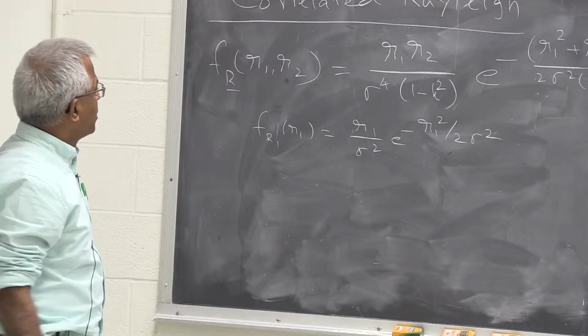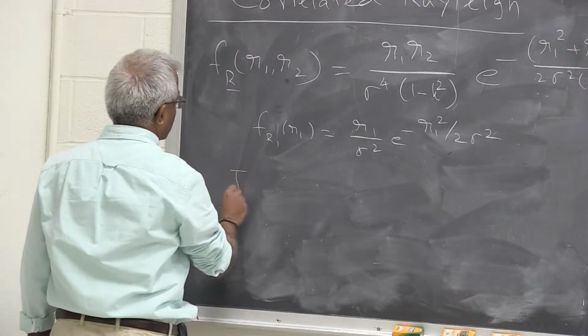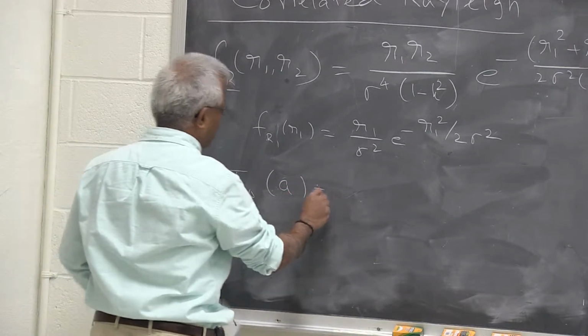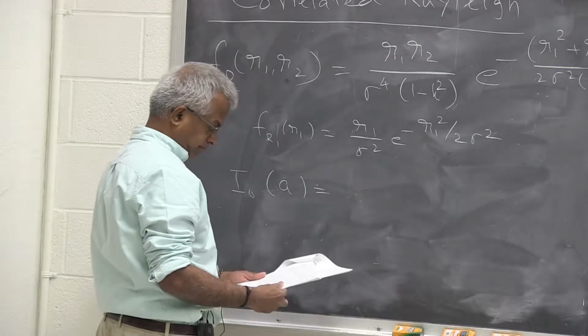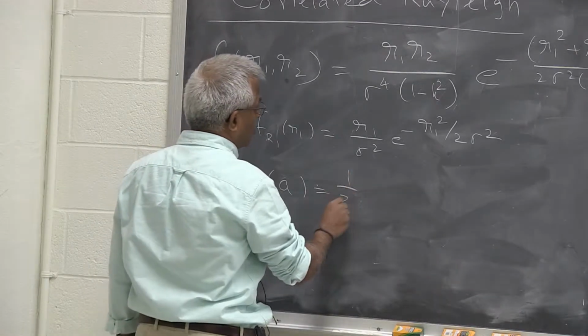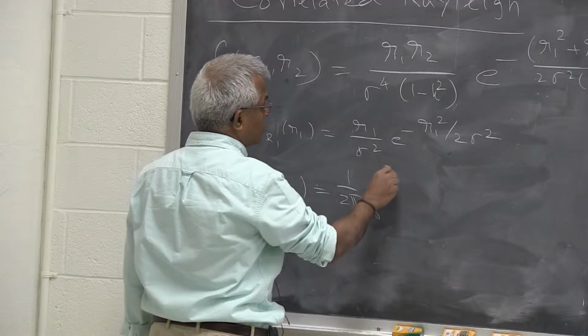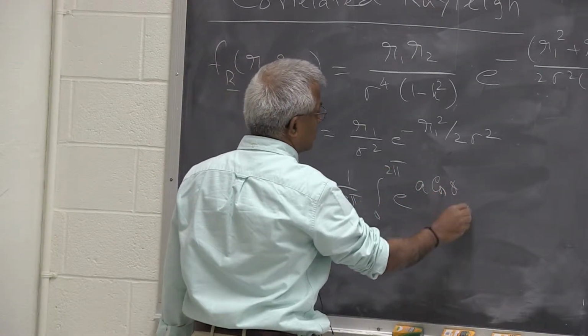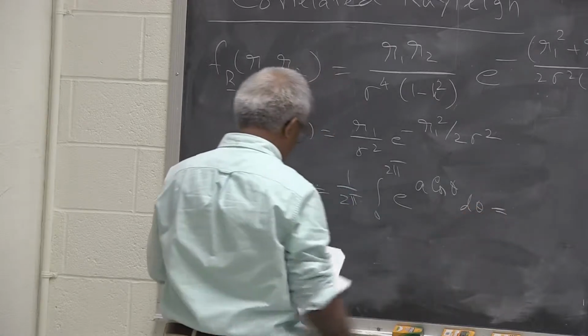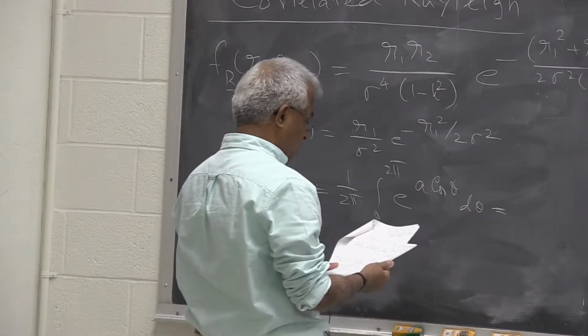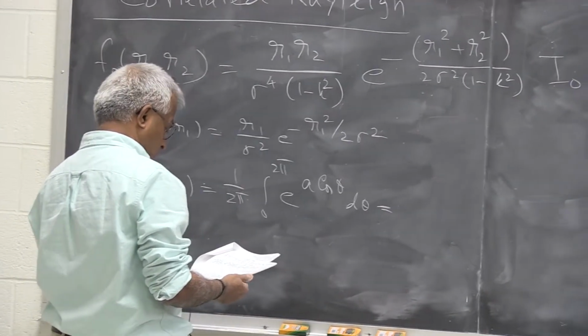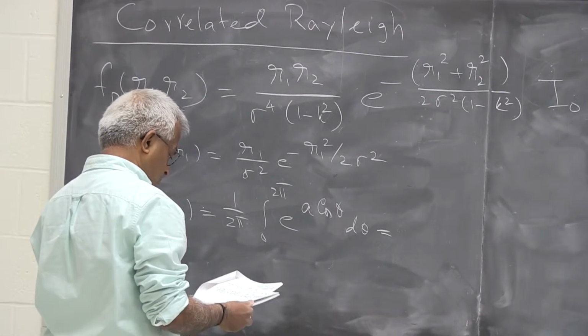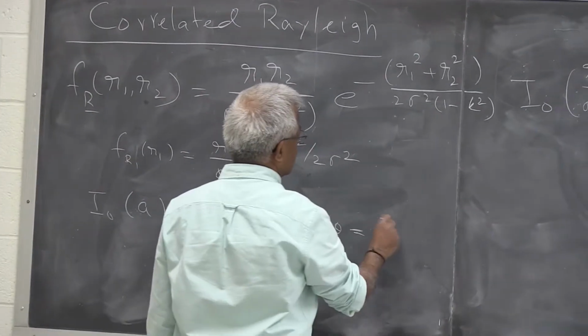And R2 is the same thing. On the other hand, I naught of A, as I said before, is 1 over 2 pi integral 0 to 2 pi e raised to A cos theta d theta. If you expand this simply as a summation and do the integration on the cosine, this is easy to show.